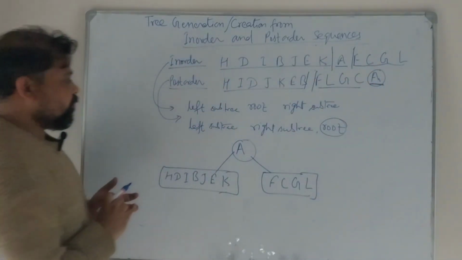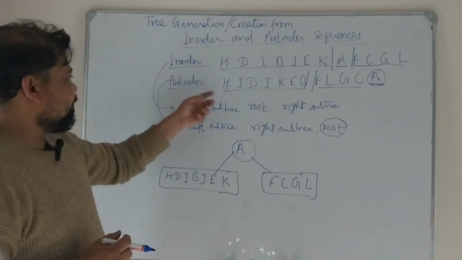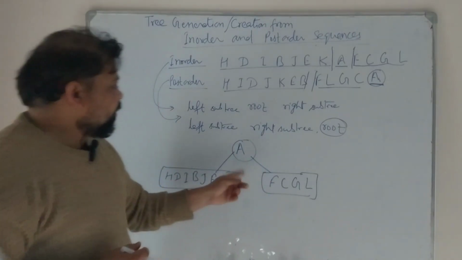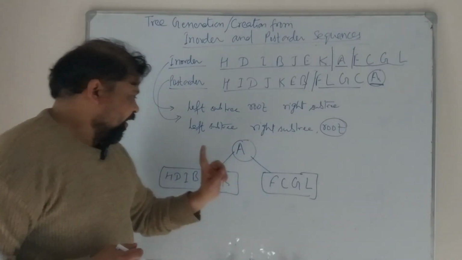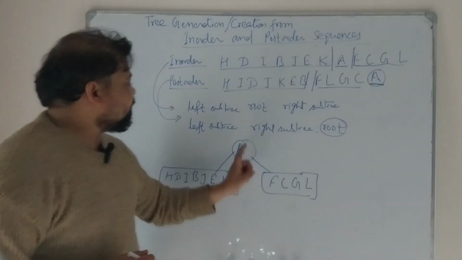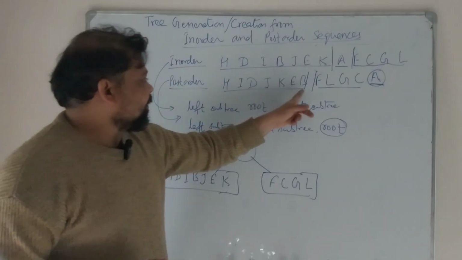Now I have to follow the same thing again on the post-order subsequence and the in-order subsequence repeatedly, until each node has a single element. So many elements are there, so I'll further split in the same way. Here I'll check the post-order once again.